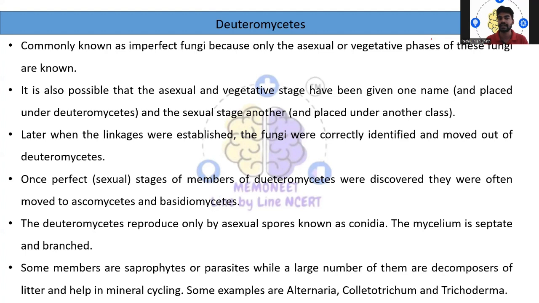Later, when the linkages were established, the fungi were correctly identified and moved out from the deuteromycetes.